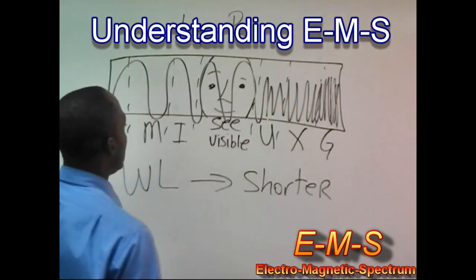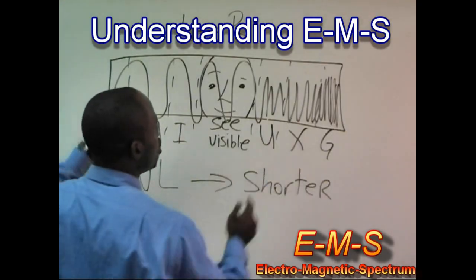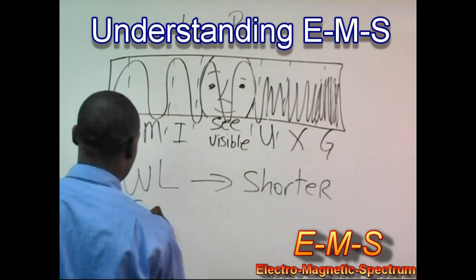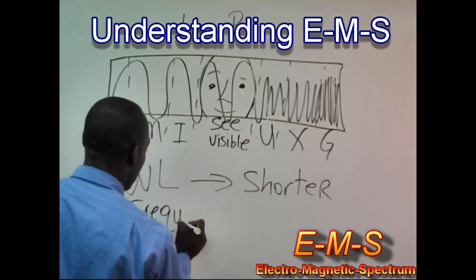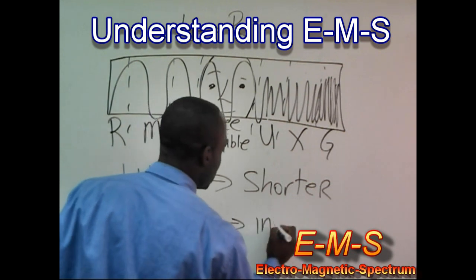And one more thing happens. From left to right, my wavelength gets shorter, but my frequency increases. So I'm going to put F right here for frequency. Frequency increases.